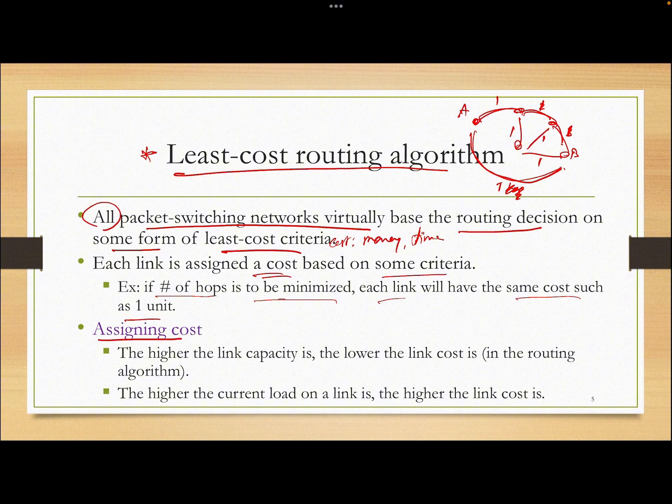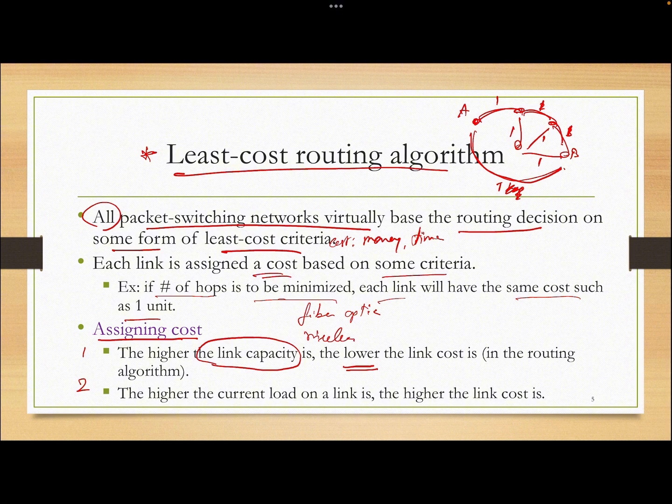Okay, how to assign cost? Usually you have two easy criteria. The first one is that the higher the link capacity, the lower the link cost. Think of fiber optics and wireless.